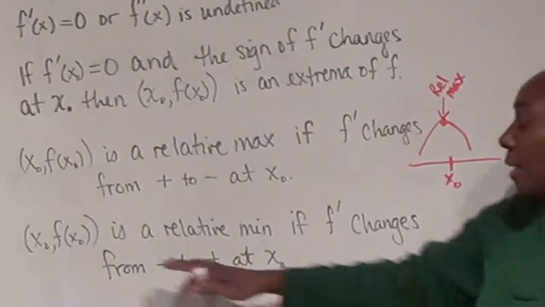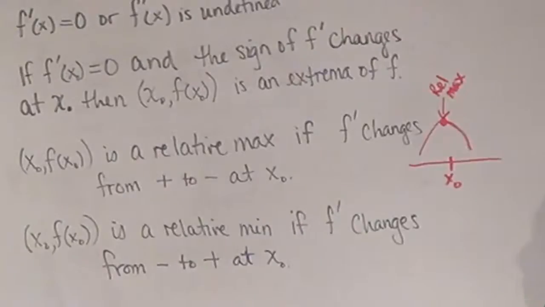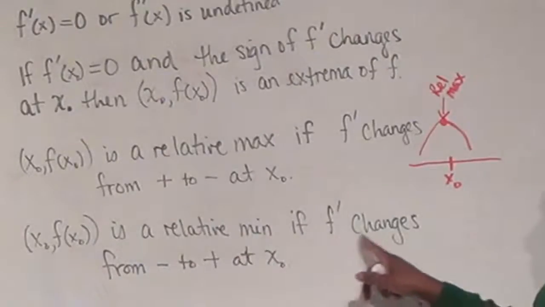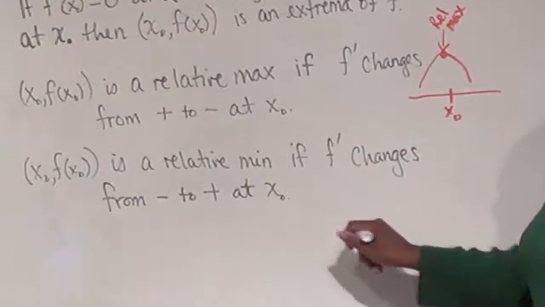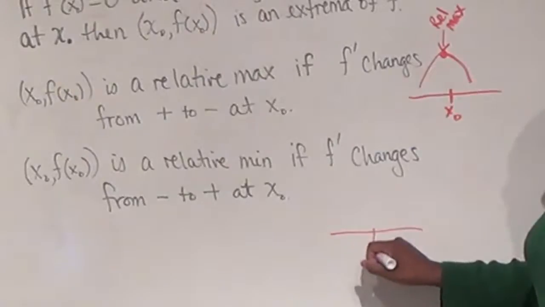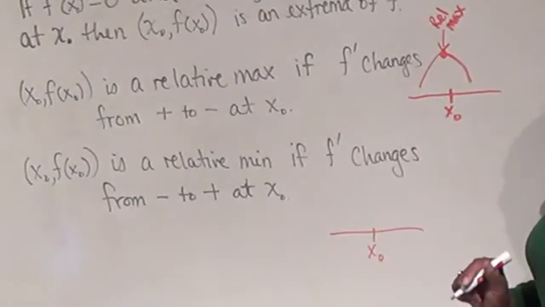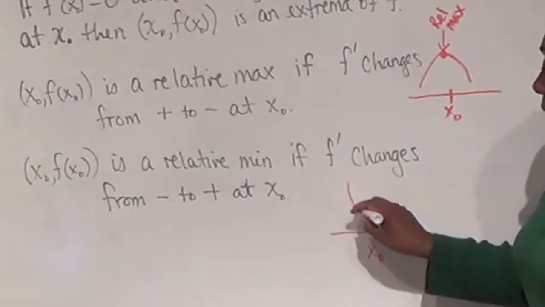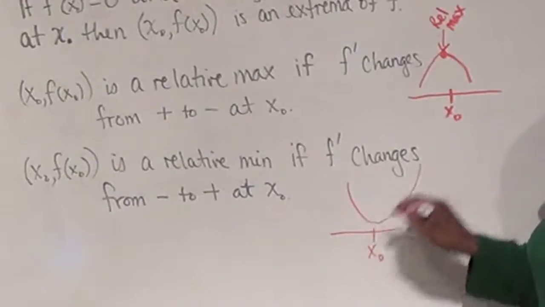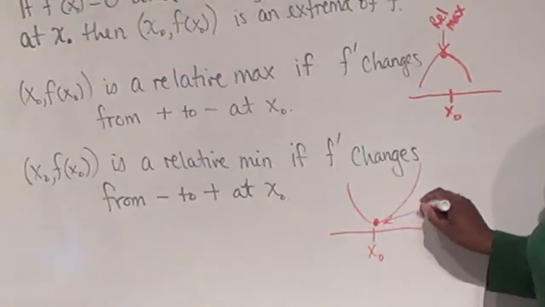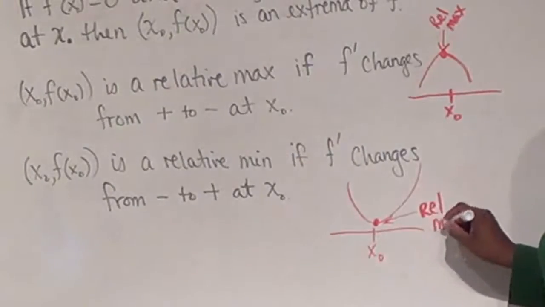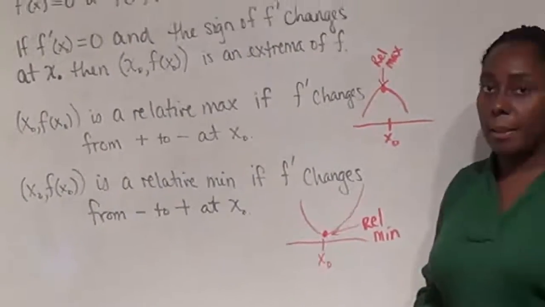And likewise, x naught comma f of x naught is a relative min if f prime changes from negative to positive at x naught. Same idea: I have my point x naught, but it's decreasing and then increasing. So this point is a relative min.